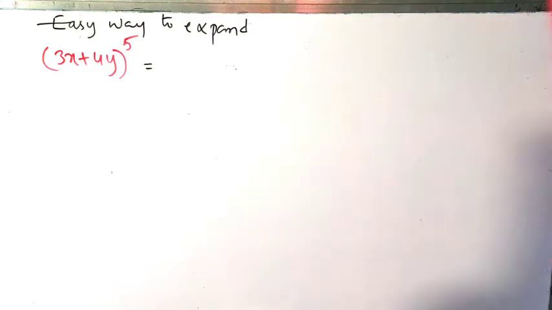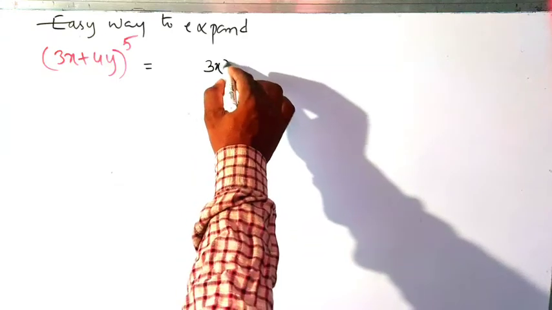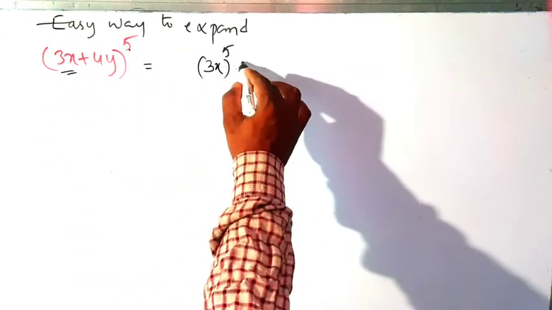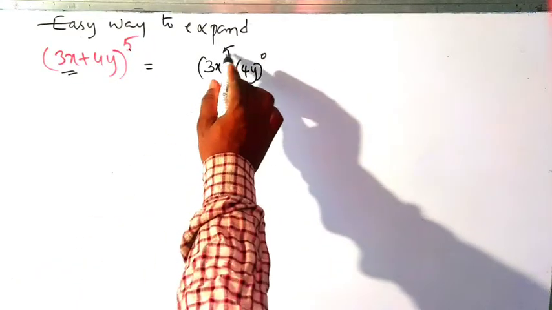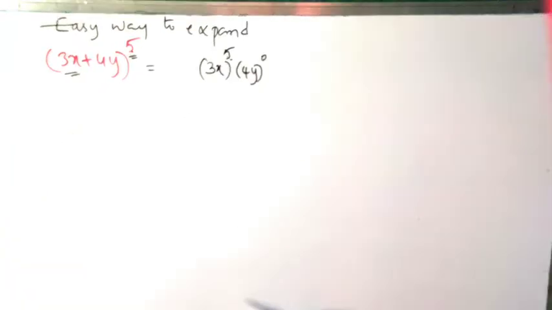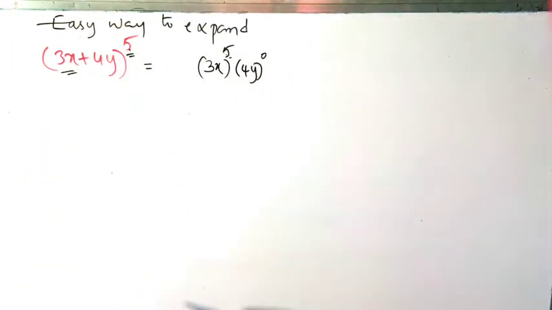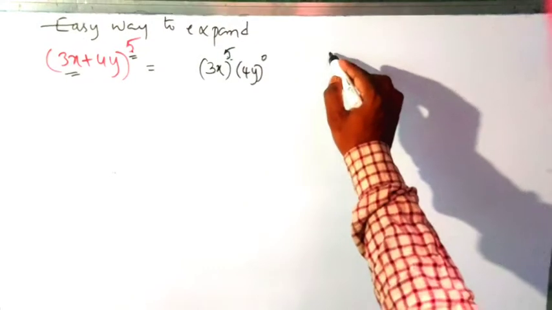So I will write first of all 3x whole power of 5, clear. Then 4y whole power of 0. When we add 5 plus 0 we get this one, okay. Adding the powers of each and every term, we get the n value, right. Next, 1 by 1 increasing and decreasing, clear.